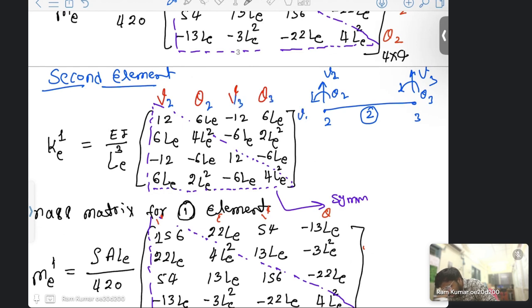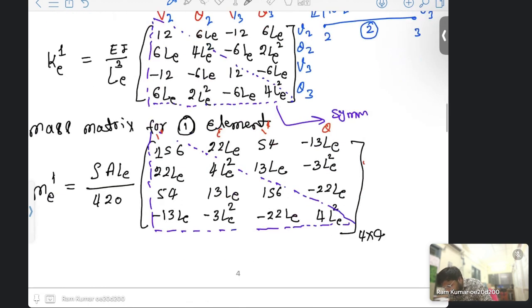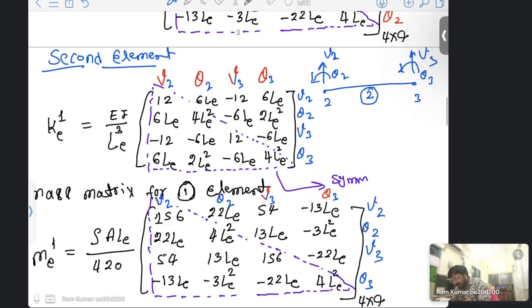Similarly, B2, theta 2, B3, theta 3, here also, and this one also we have to update. So it will be K2, M2.